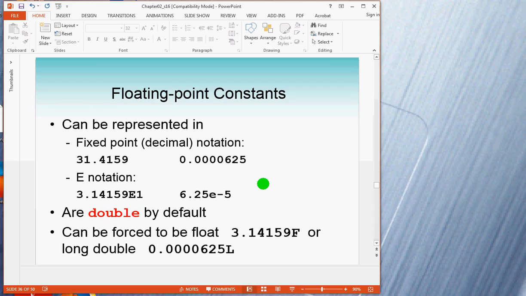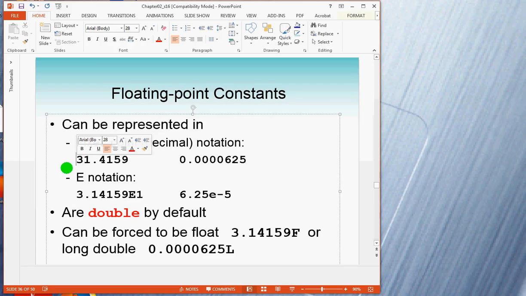All right, let's take a look at floating point constants. There are different notations, and you need to get used to the terminology. One notation is called fixed point notation, which is the way we normally write decimal numbers. We do our checkbook with fixed point because we have a decimal point and a certain number of places after the decimal point.